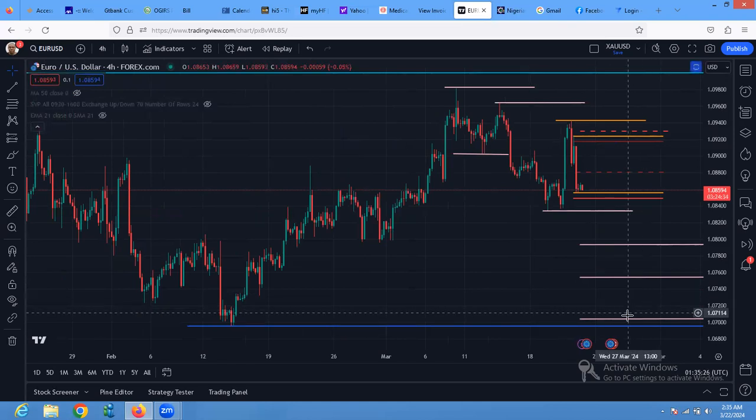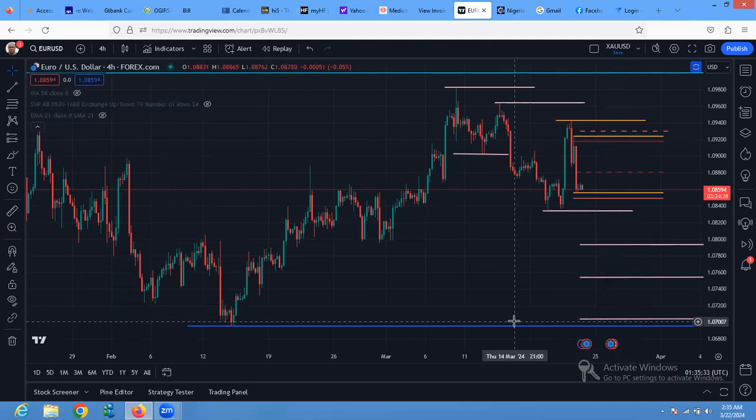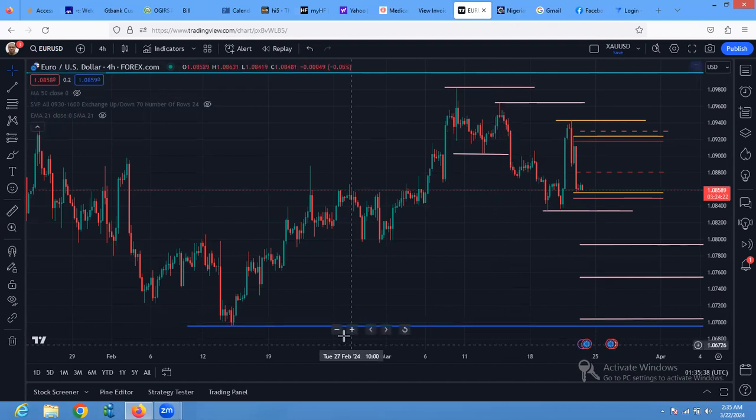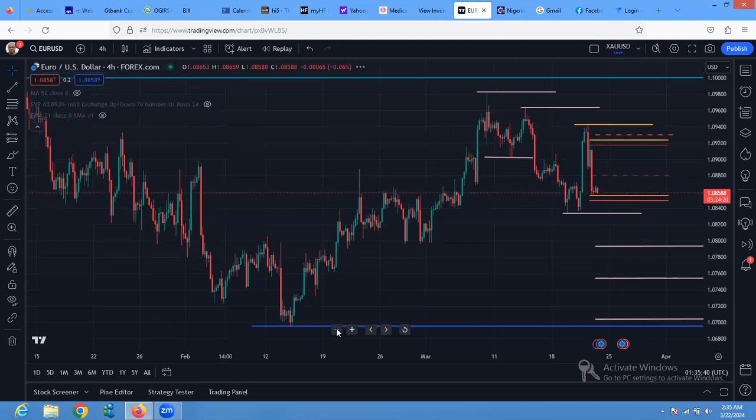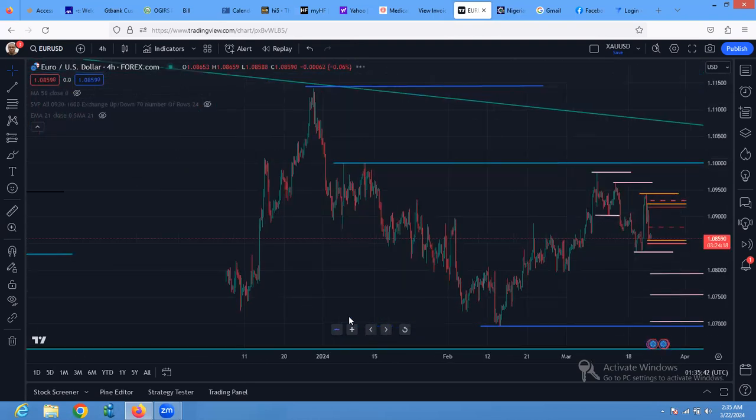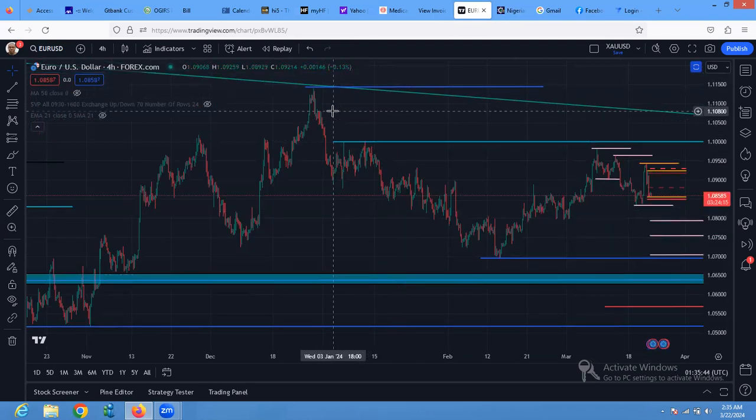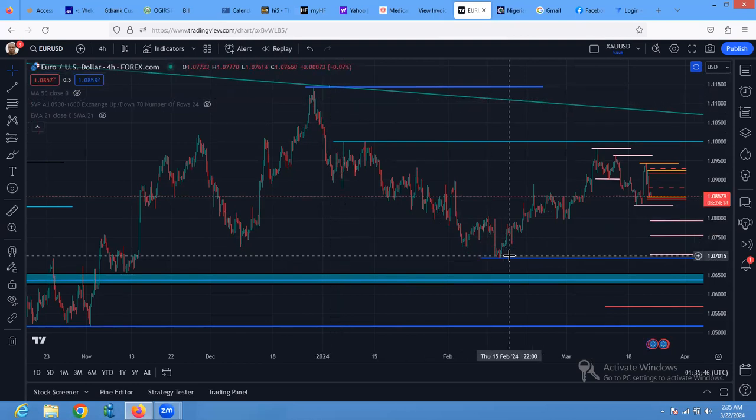And so this is 161.8 of the extension. So price may still just come to the downside without probably taking the low of this move, which is the low of this move.